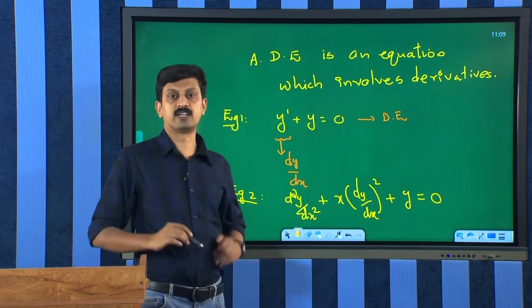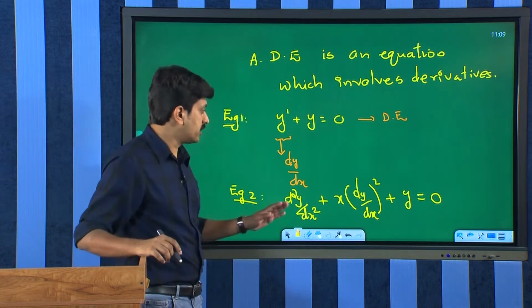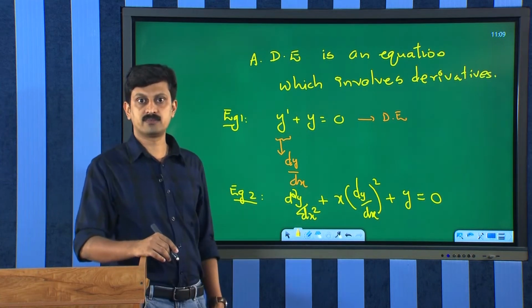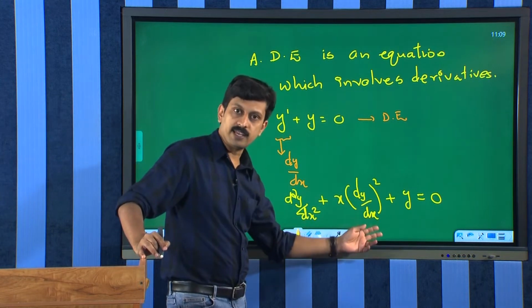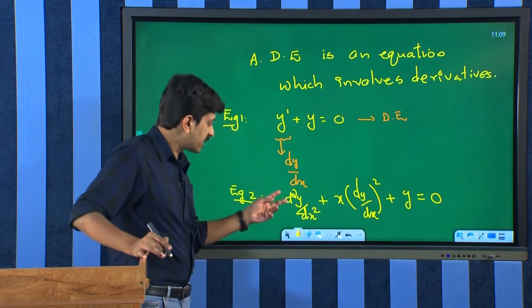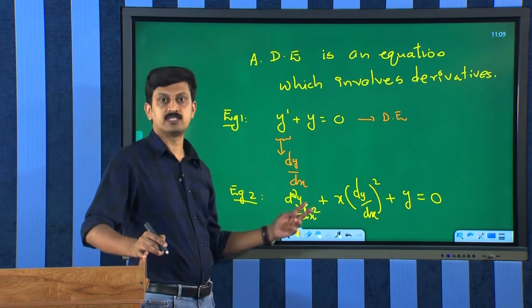This is also a differential equation. In this differential equation we have derivatives: the first order derivative dy by dx as well as the second order derivative d square y by dx square.